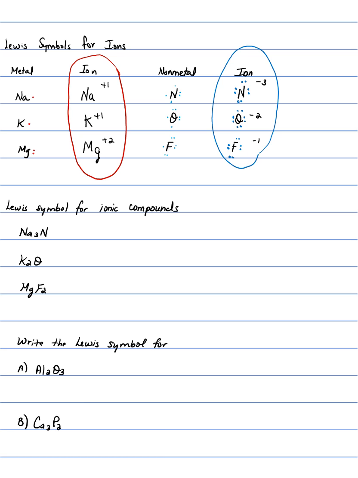Okay, so the Lewis symbol for the ion of sodium is the symbol of the element with the charge of the ion. It's in group 1, so that charge is +1. Now, the Lewis symbol for the nitrogen. Nitrogen -3, it's going from 5 electrons to 8 electrons.